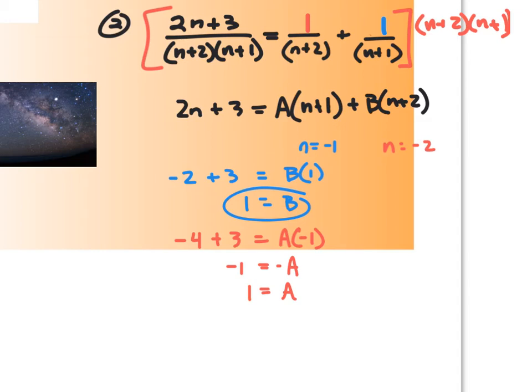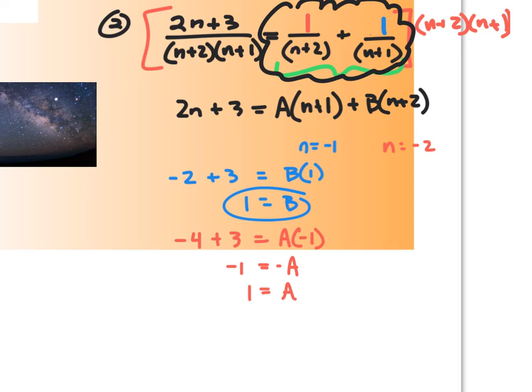So I can tell you right now that this will not collapse. And the reason why is as I look at this here, all terms are going to be positive. So there's no way it's going to collapse. So my partial fraction decomposition did this for me. It got me here.